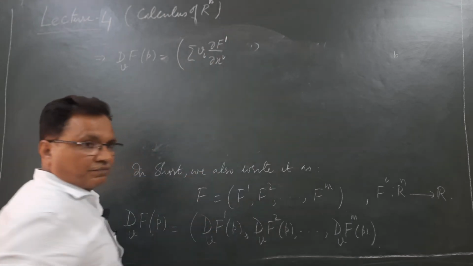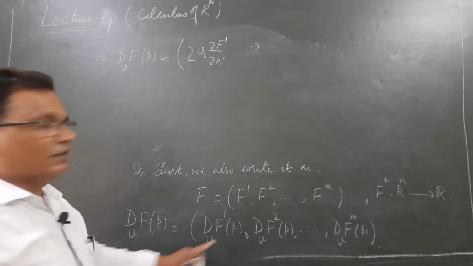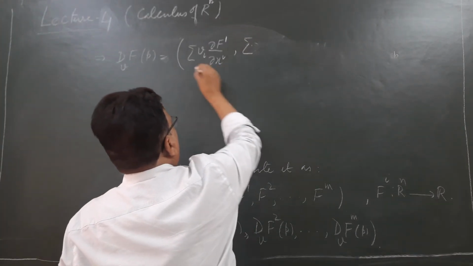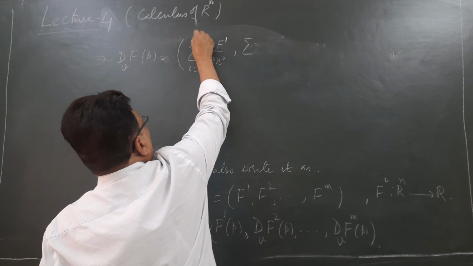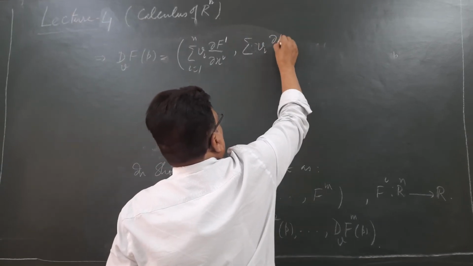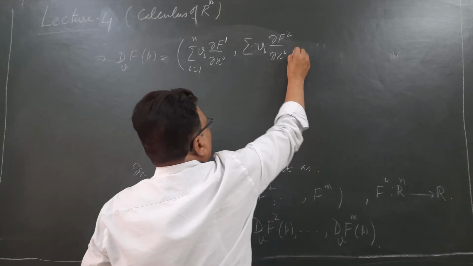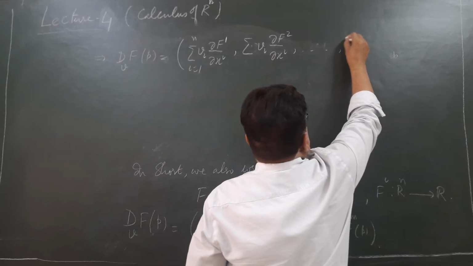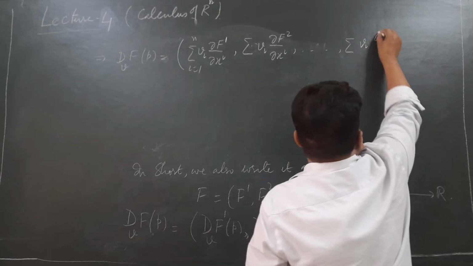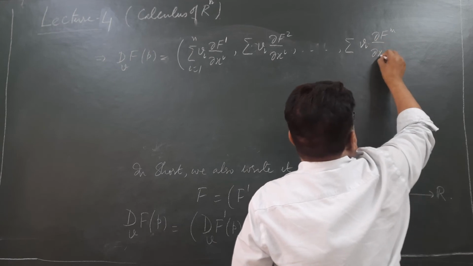You remember? Yes. Similarly, in the second place, i is running every time from 1 to n: vi del f2 upon del xi, and the last one is vi del fm upon del xi.